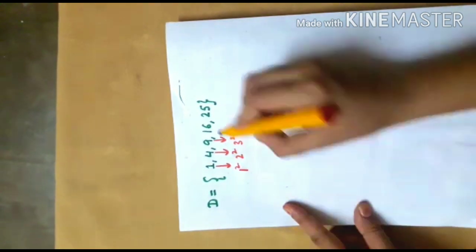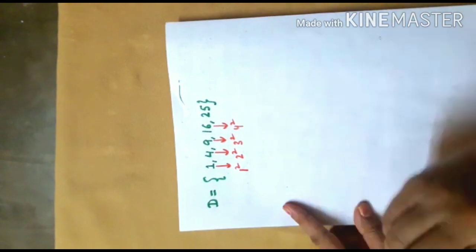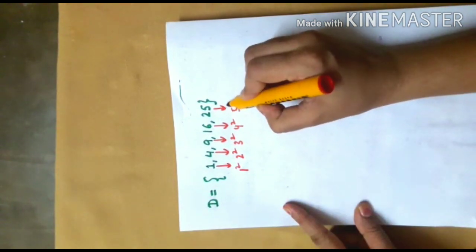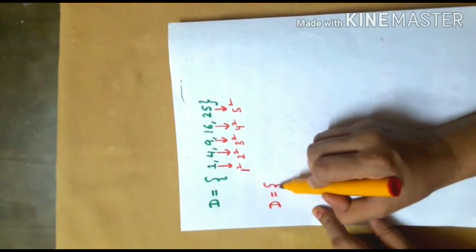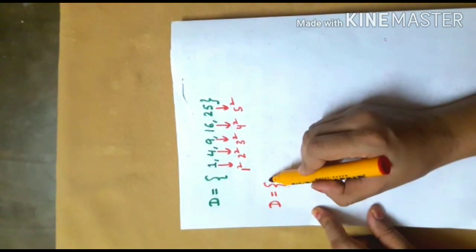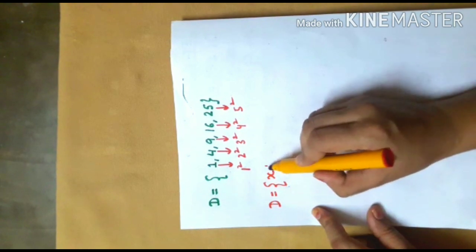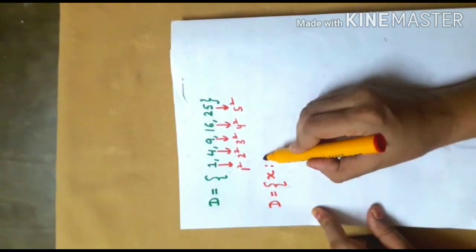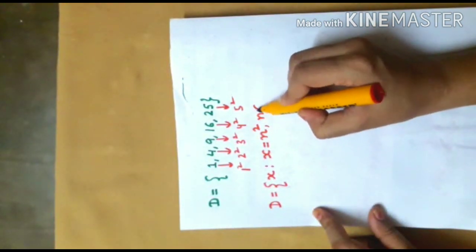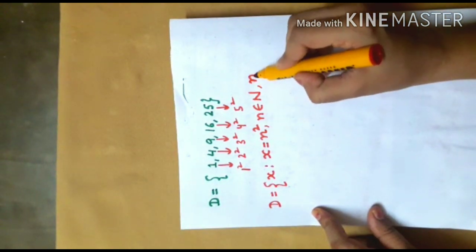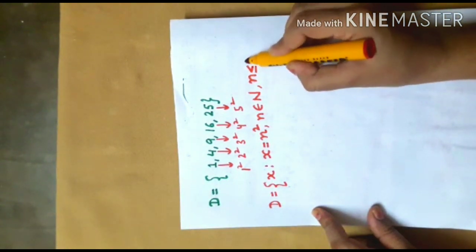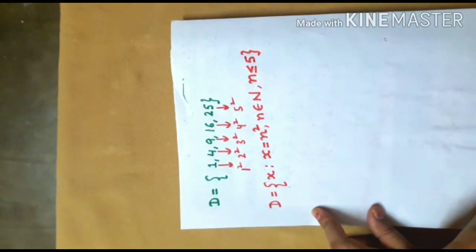This is square of 3. This is square of 4. And this is square of 5. So I will write D as collection of all x such that x is equal to n squared, where n is a natural number and n is less than or equal to 5.